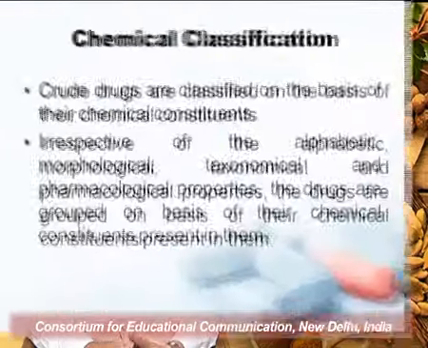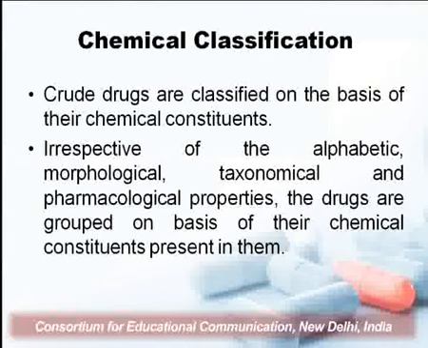So the next classification system is on the basis of the type of chemical constituent the drug has. Irrespective of alphabetic, morphological, taxonomical and pharmacological properties, the drugs are grouped on the basis of the chemical constituents present in them. Previously we discussed classification systems in which the drugs were classified on the alphabet of their name, the plant part used, their morphological appearance or pharmacological properties.